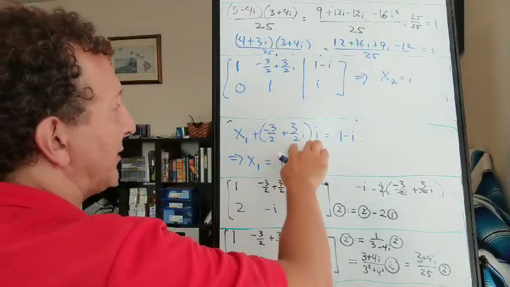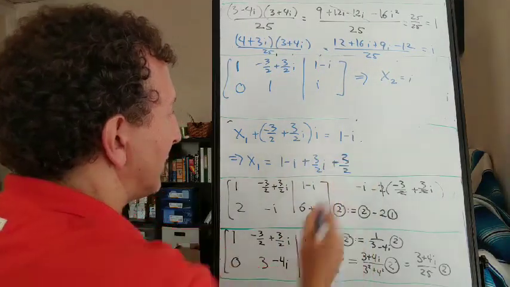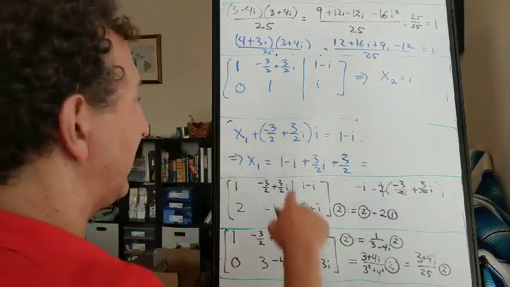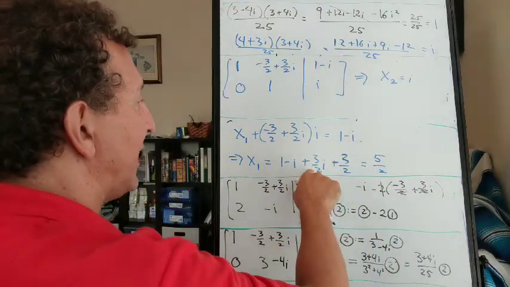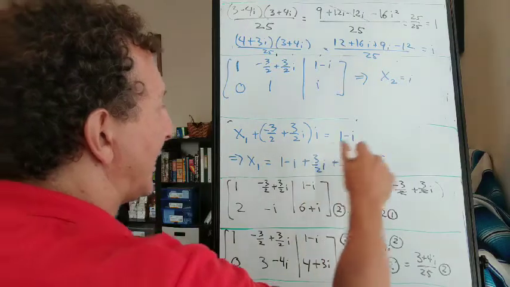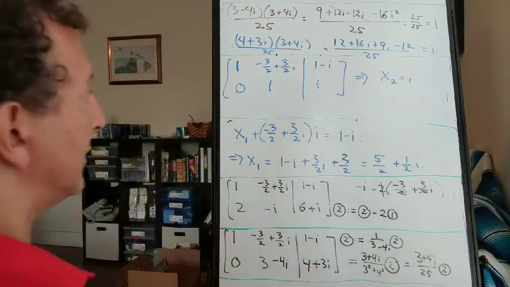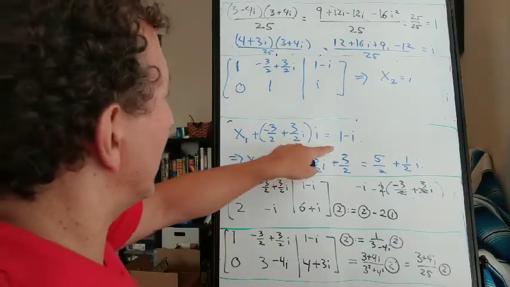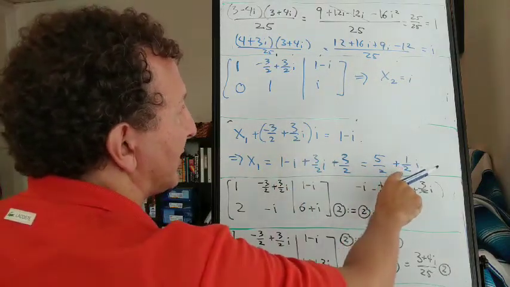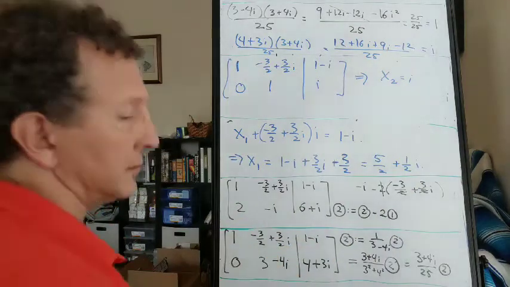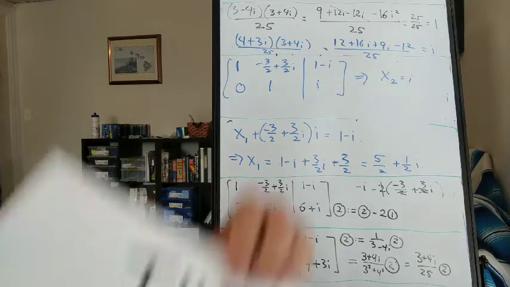And then we've got plus 3/2 i squared here, which is minus 3/2, which becomes plus 3/2 on the other side. And we've got 1 plus 3/2 is 5/2, and then 3/2 i minus i is 1/2 i. So x1 equals 5/2 plus 1/2 i, and x2 equals i. The end.